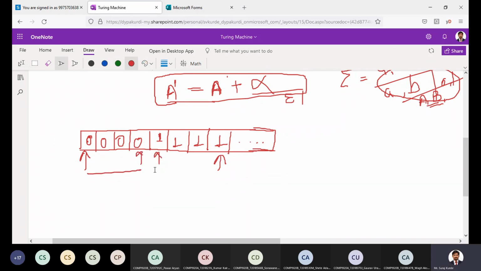Up to this point 0 is there, and in the cells after it a number of ones are there. So zeros and ones: for each 0, you have to match a 1. Now what we can do is start with the leftmost cell. The pattern is zeros followed by 1s, so initially you will read a 0 as an input, then you will find a 1 as an input.